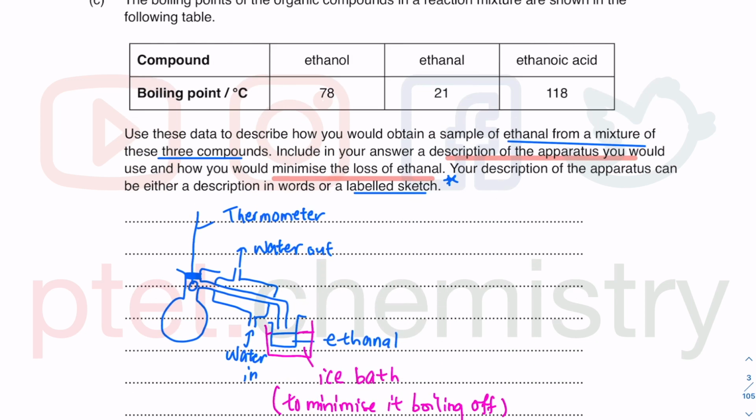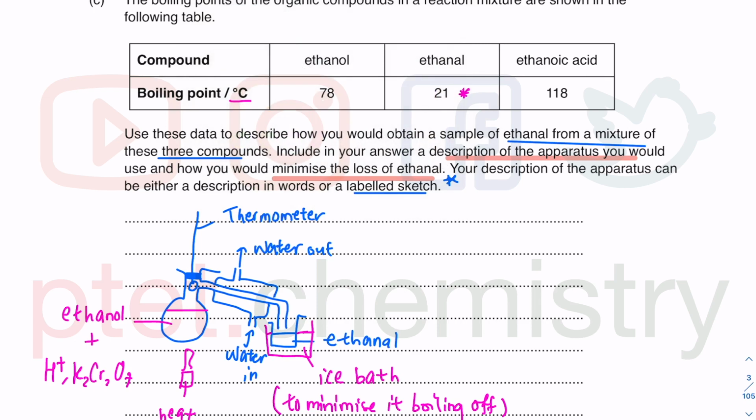If you look at the boiling point, it's 21 degrees Celsius. So you don't want it to boil off at room temperature. On the other side, this is going to be your ethanol plus your acidified dichromate(VI) oxidizing agent. And of course, you do need to heat it up with a heating vessel there.